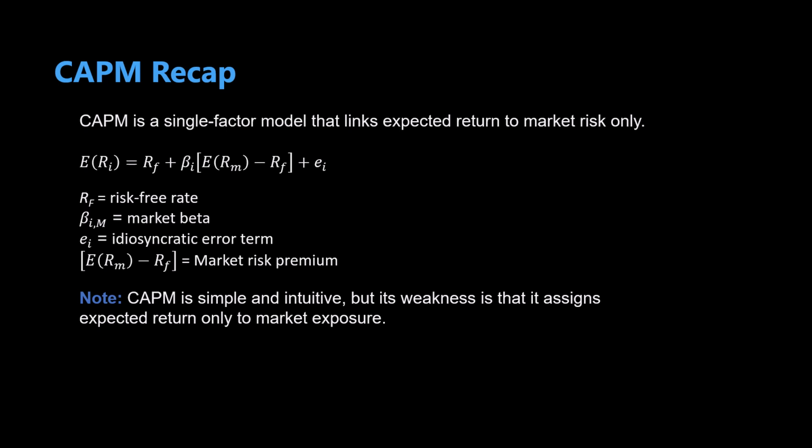In practice, that is often too restrictive. A bank stock, for example, may be sensitive not only to market movements, but also to interest rate shocks, credit spreads, and regulatory conditions. CAPM compresses all of that into one beta, while APT allows us to model these exposures separately.